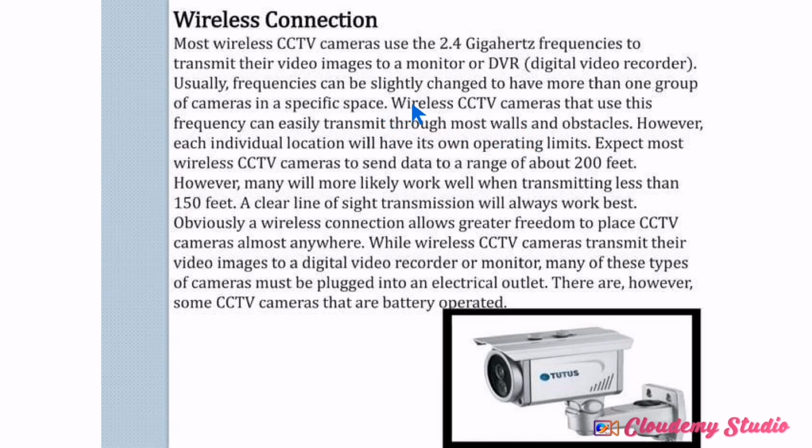What this point is telling us is that these wireless cameras can transmit despite obstructions, be it a wall, trees, or anything that could disable the transmission.